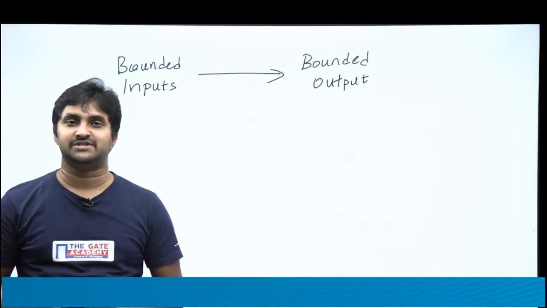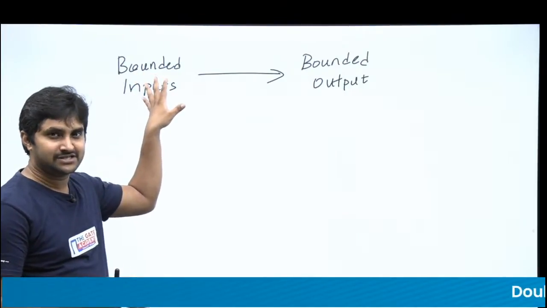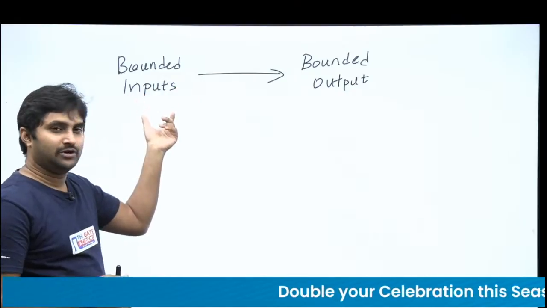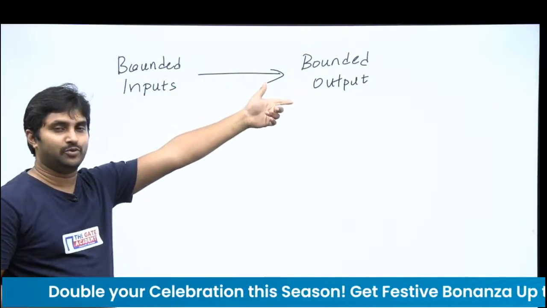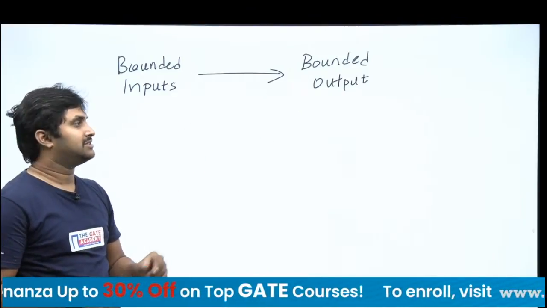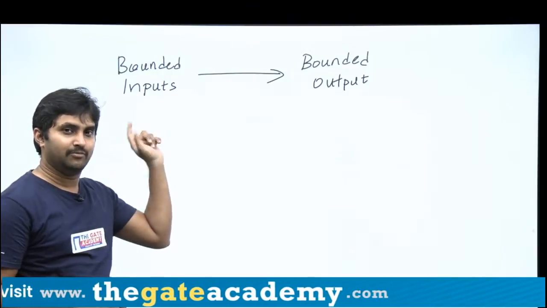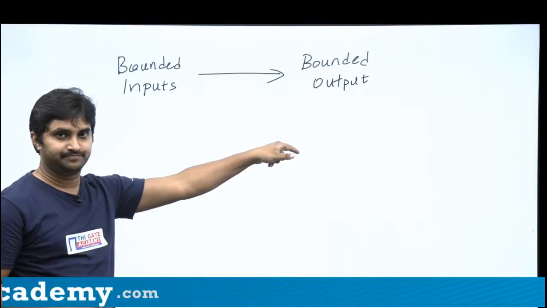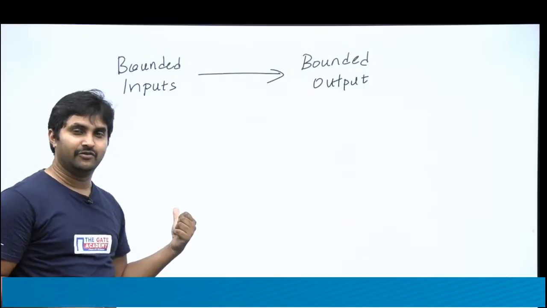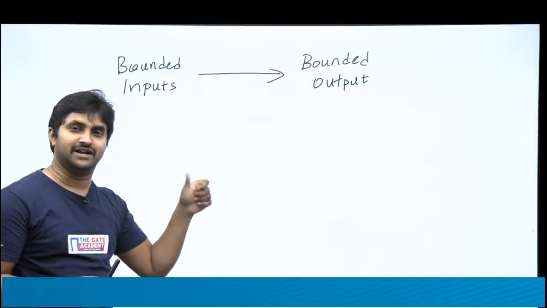Is it okay if it is happening for one instance? You applied an input which is bounded and you are getting an output which is bounded. This is happening for one signal. But the moment you apply the second signal, it is not happening. For one signal, bounded led to bounded. But for the next signal, bounded led to unbounded.